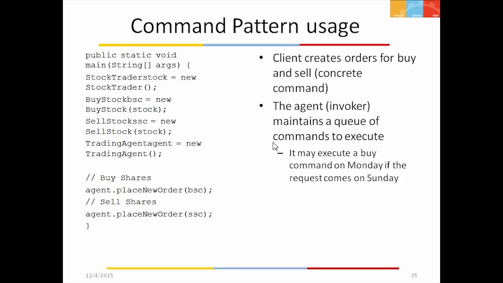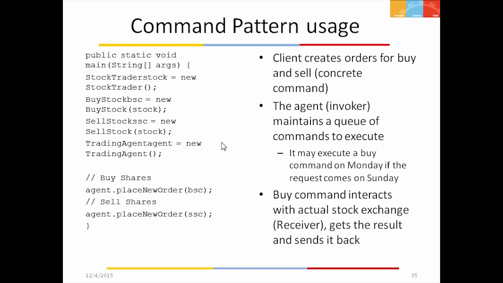If you directly use the API of the stock exchange and try to buy or sell, then it will give you an immediate reject, saying that it is not possible. But with this kind of logic present in the agent, one can have a more sophisticated way of handling those commands. Now when these buy or sell commands are executed, they essentially interact with the actual stock exchange.